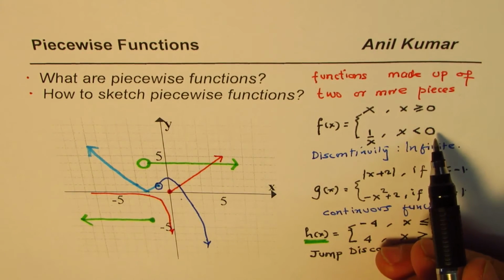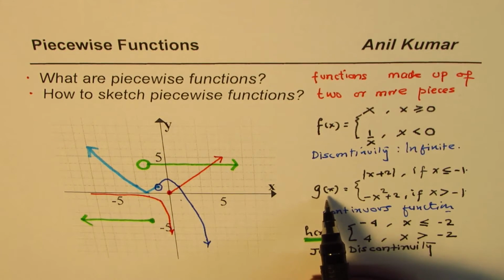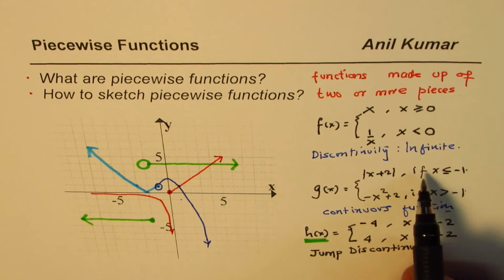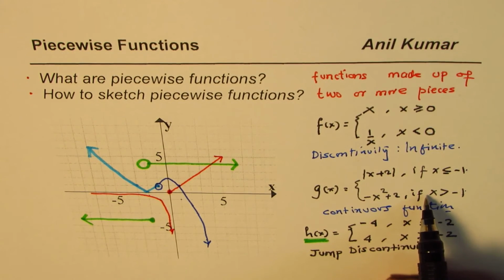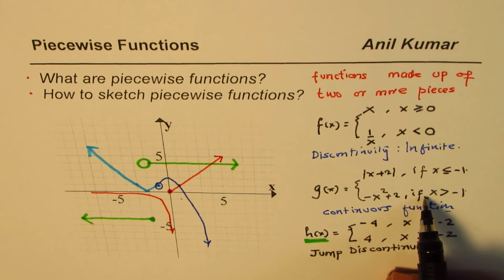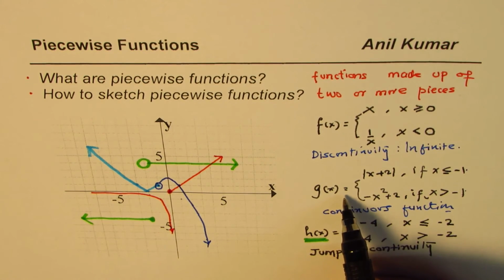If the two pieces, like in our case of g of x, have the same value at a point where these pieces are supposed to join, if they join together at that point, then they are continuous, as you have seen in this example g of x.